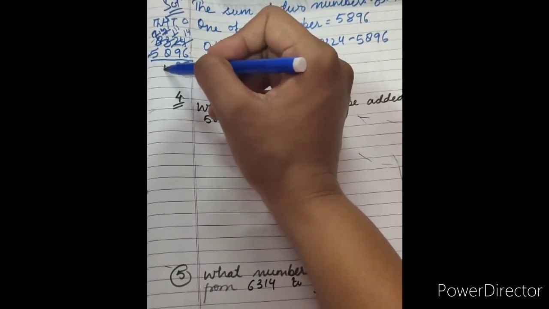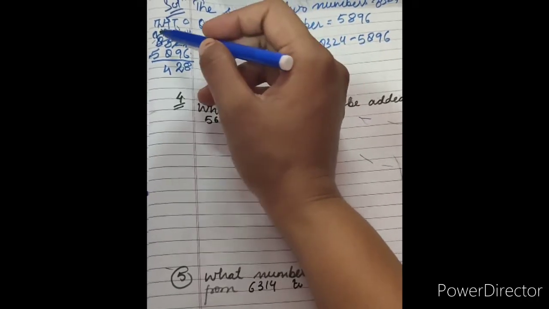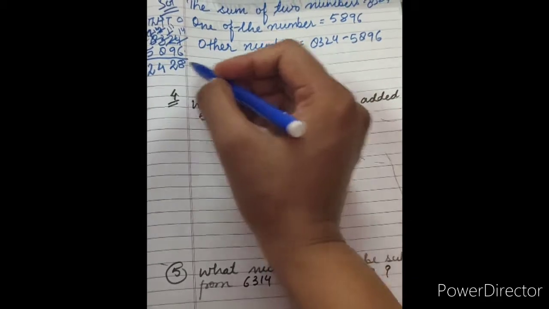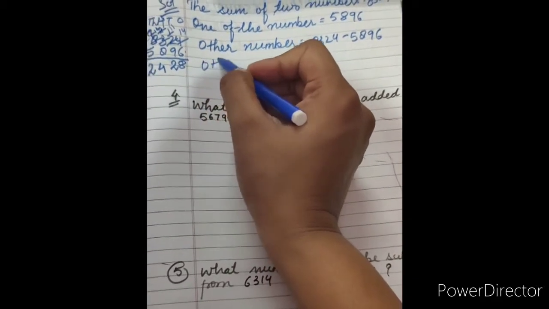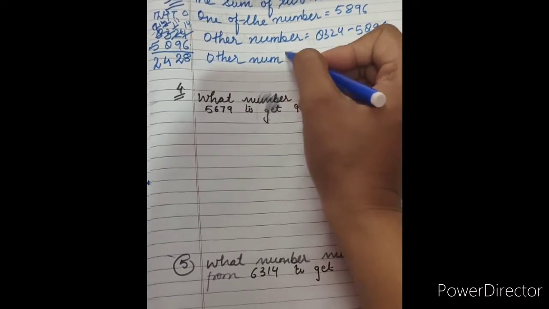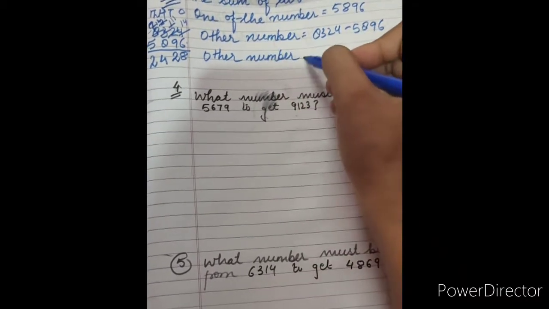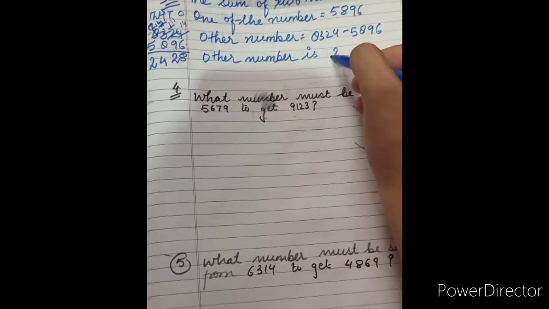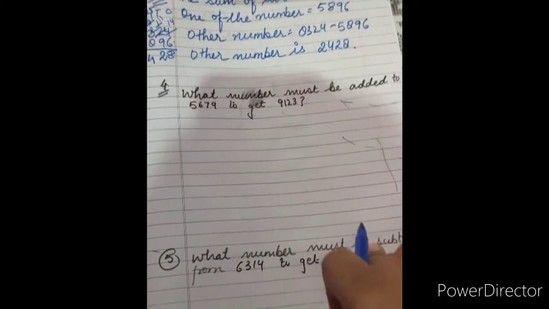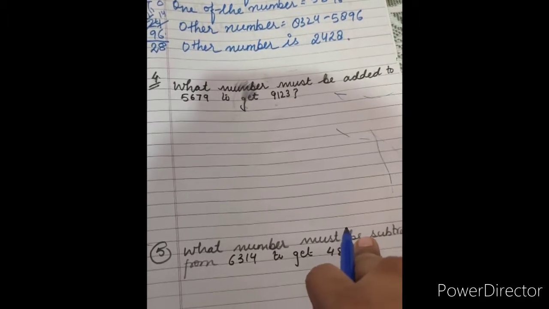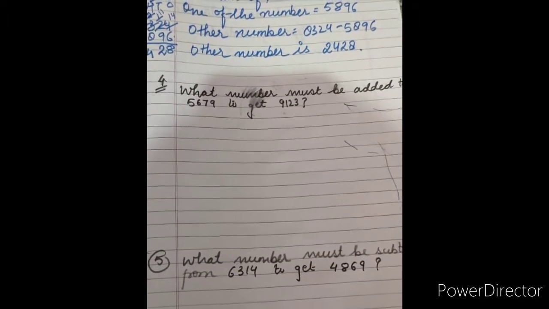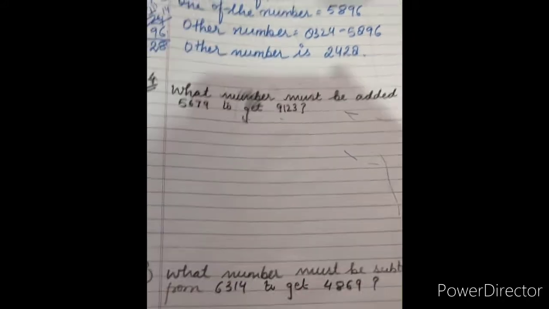So 12 minus 8 is 4, and 7 minus 5 is 2. So the other number is 2428. Yes.